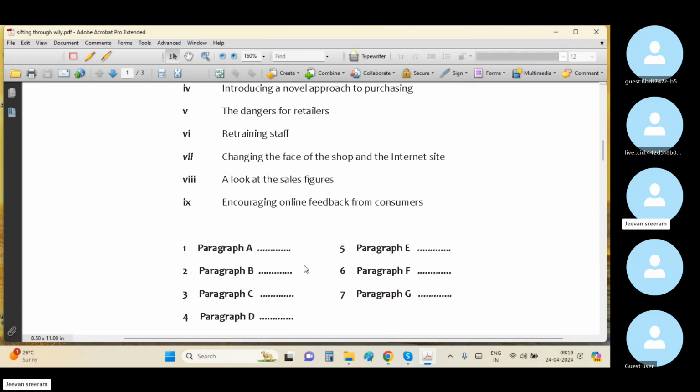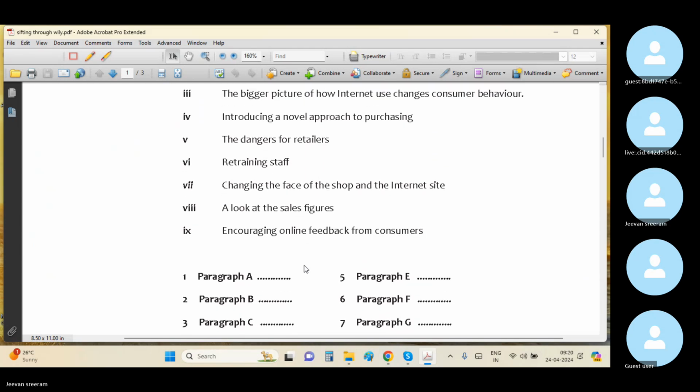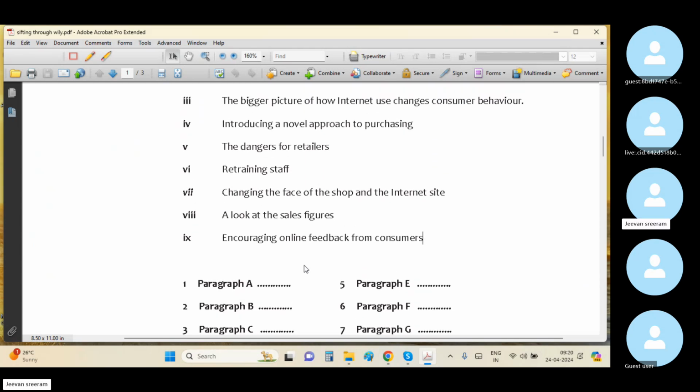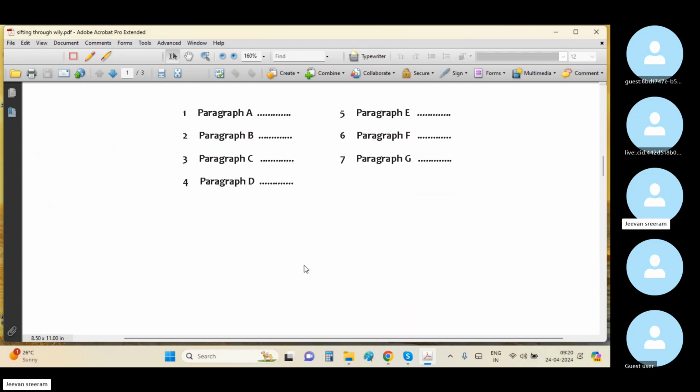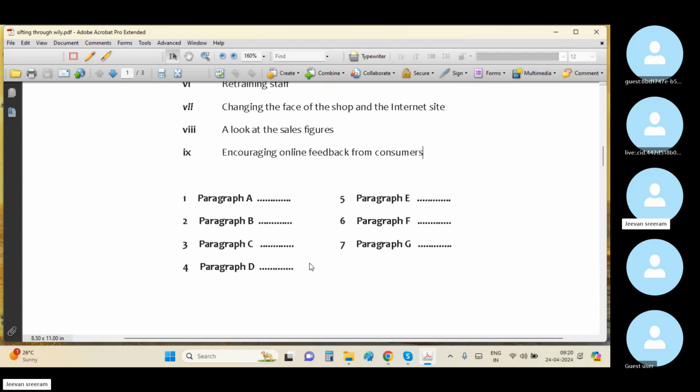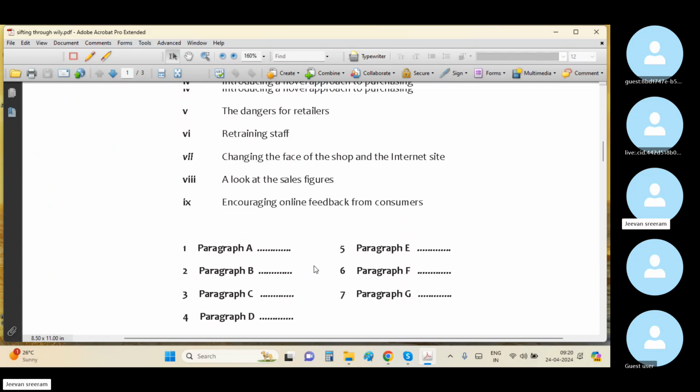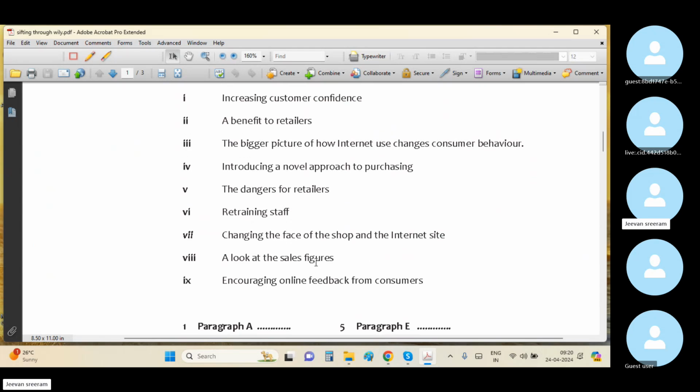So 8 paragraphs, 12 to 13 headings. That increases the difficulty, right? As this is one of the easier passages, mostly you will see single idea to single idea paraphrasing. Correct?